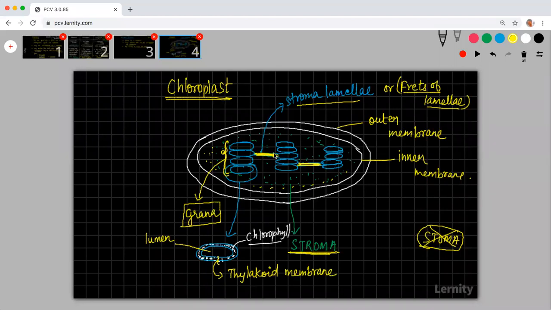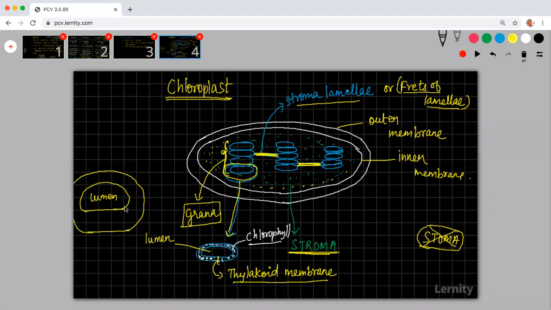So where is photosynthesis going to happen? If you take one of the granum and zoom in, you will be able to see a membranous structure. That membrane is called the thylakoid membrane. So you have an inner membrane, you have an outer membrane. The thylakoid membrane encloses a fluid-filled empty area called the lumen.